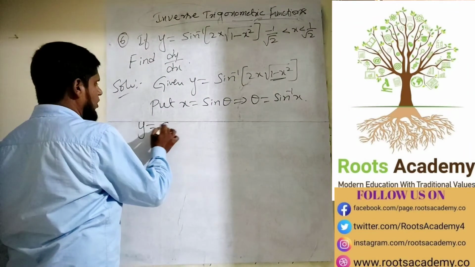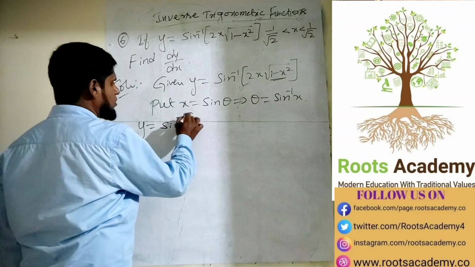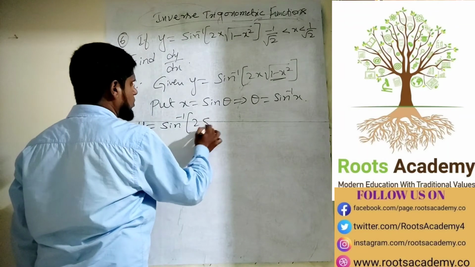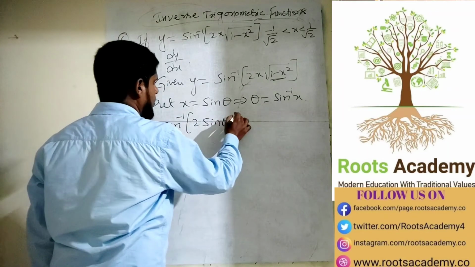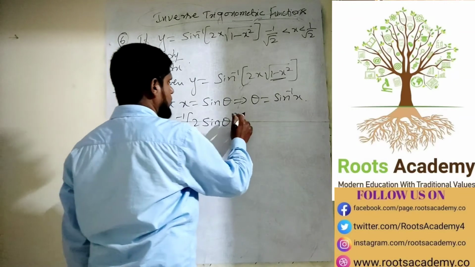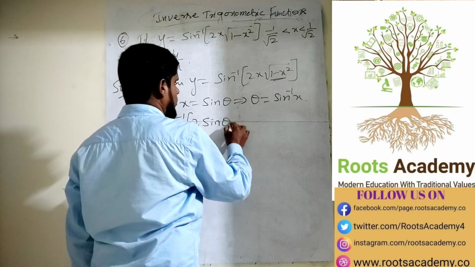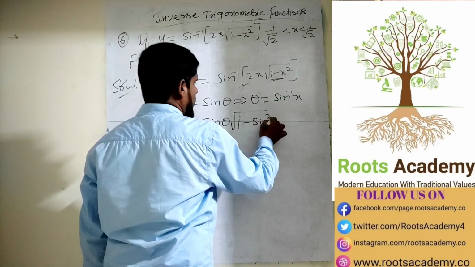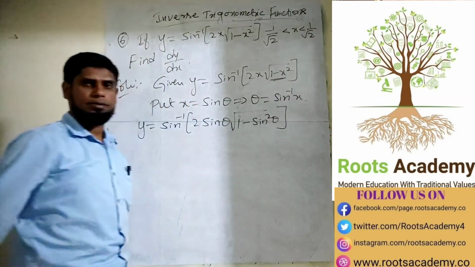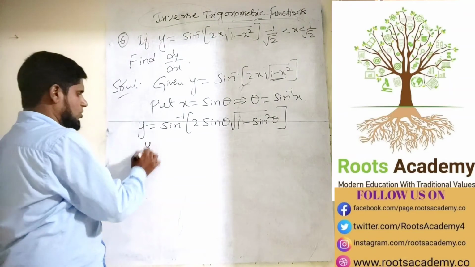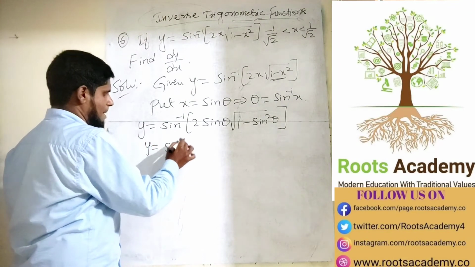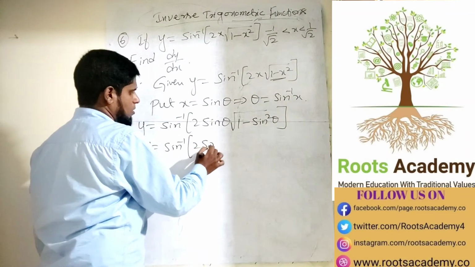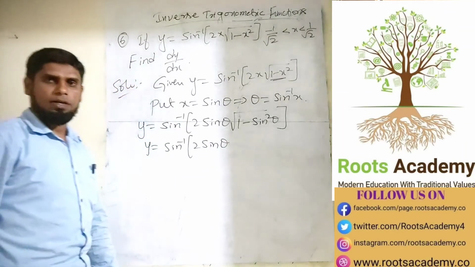So we get y is equal to sine inverse of 2 sine theta into root of 1 minus sine square theta.